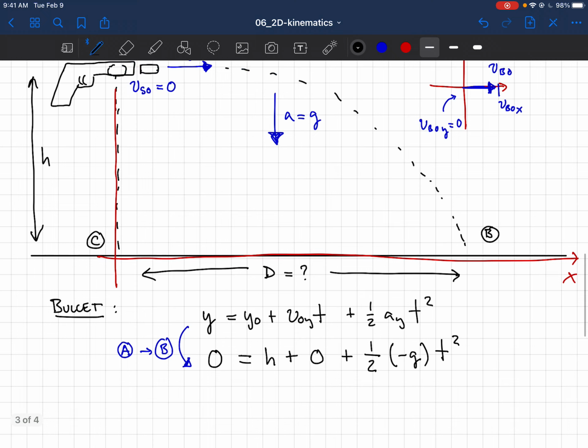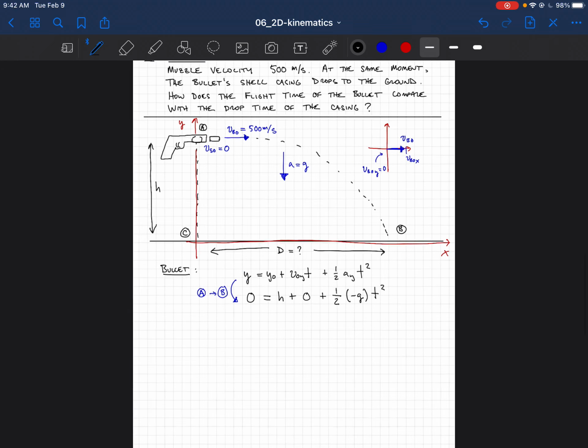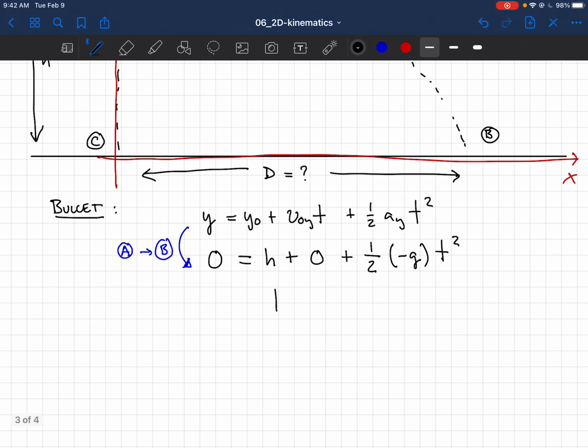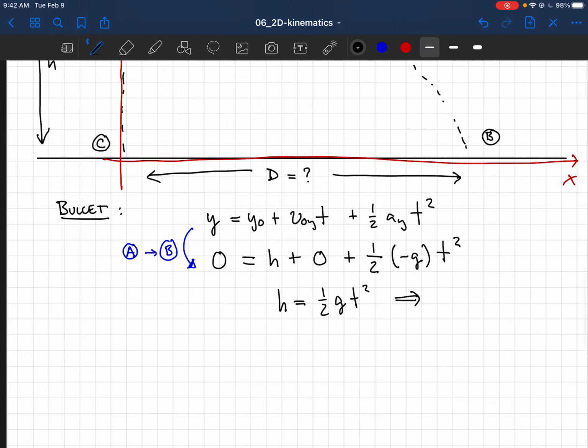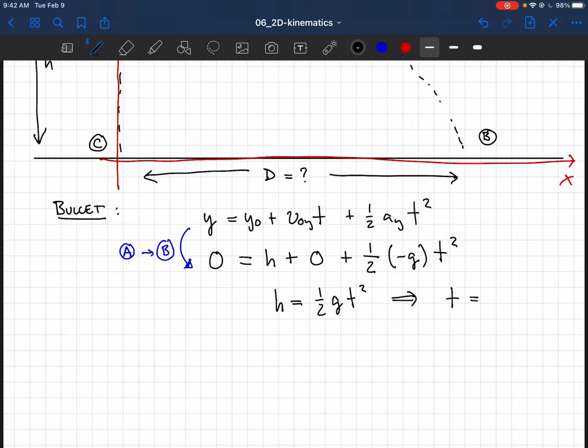So what do we have? Does this help us? I guess it does, because we want to see what the time is as compared to the distance that it has to fall. So we could solve this equation. It's going to be h is equal to 1/2 g t squared, or if you solve for time, it's going to be t is equal to multiply by 2, divide by g, and take the square root.